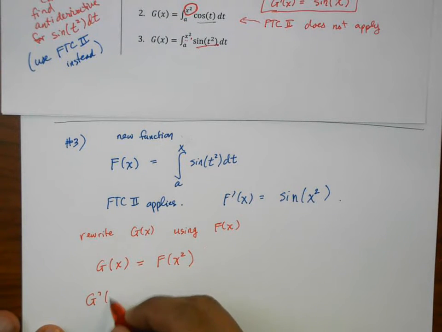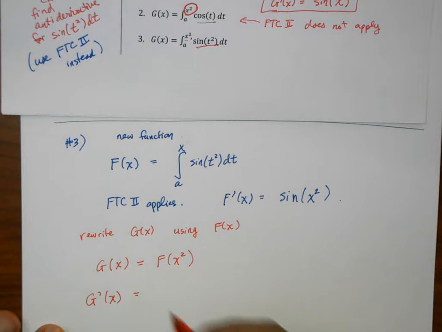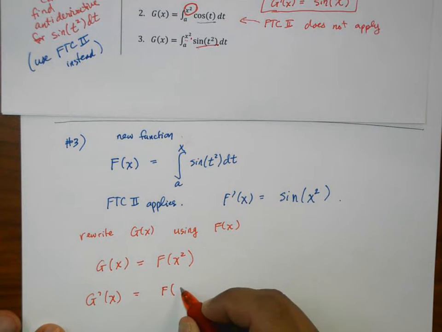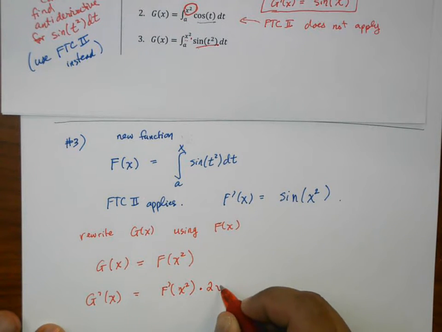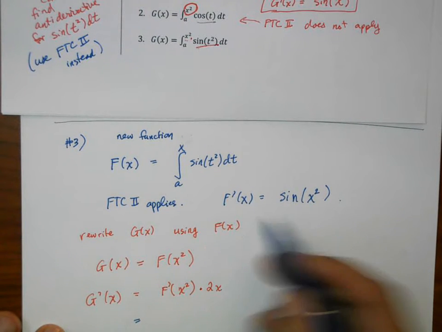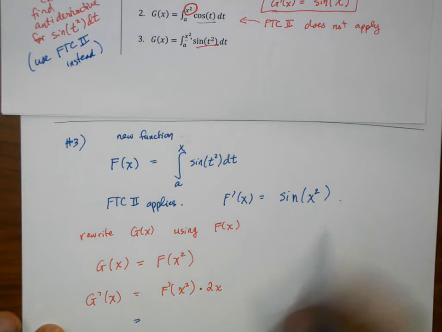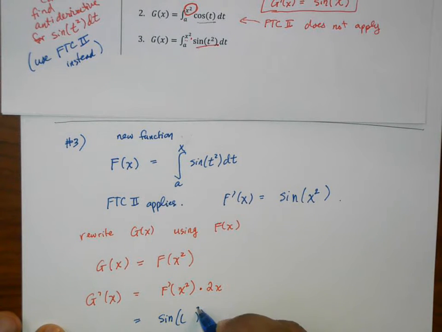So that means G prime, if we take the derivative of both sides and just use the chain rule here, will be F prime of x squared, the derivative of the outside function, times the derivative of the inside function. Okay. And now we can make the substitution. Remember that F prime is sine of something squared.